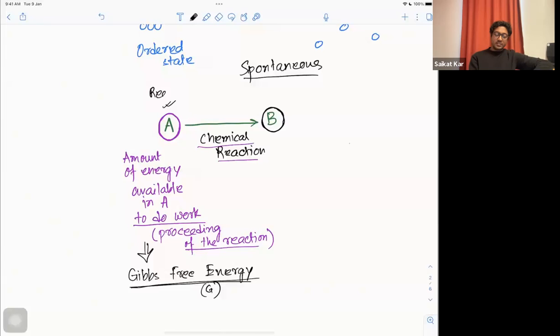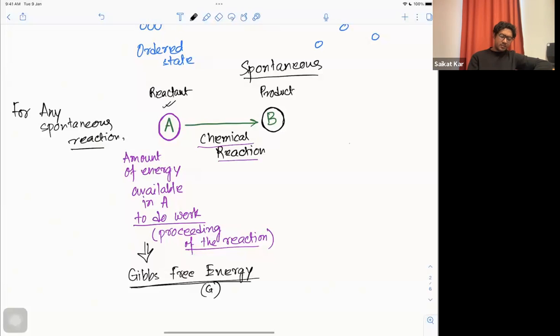So this is reactant A and this is the product. For any reactions which are occurring spontaneously, we will find that the free energy associated with the reactant is always more than the free energy associated with the product.